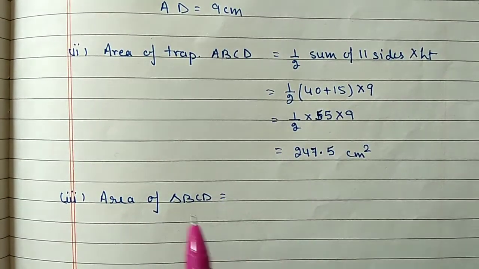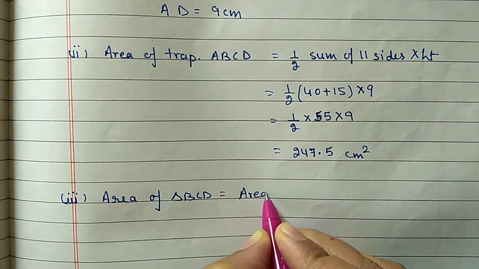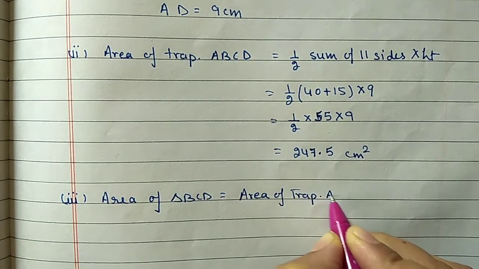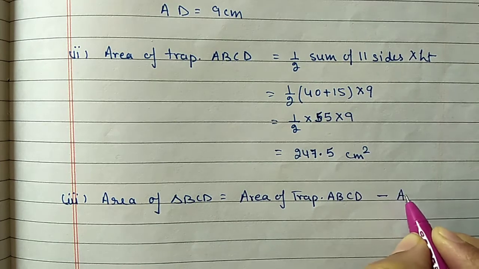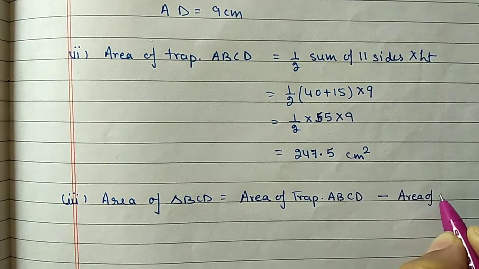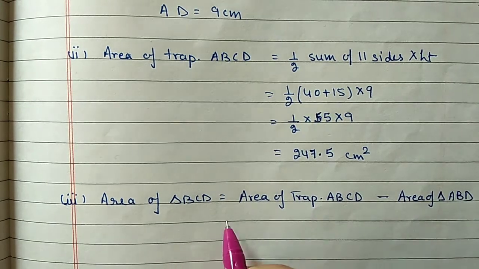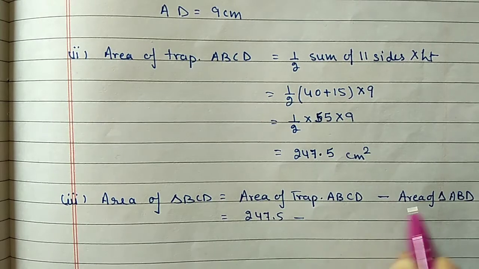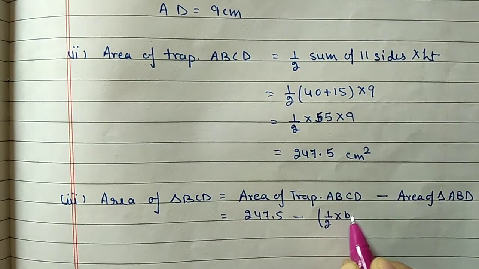So we can do area of triangle BCD is equal to area of trapezium ABCD minus area of triangle ABD. Trapezium area we have calculated, 247.5, and area of this triangle we can find out with the help of half base into height.